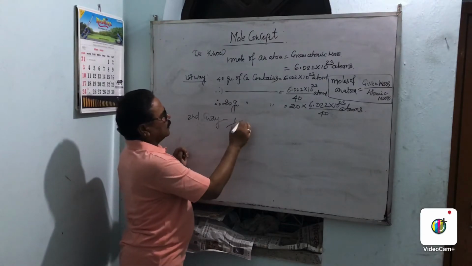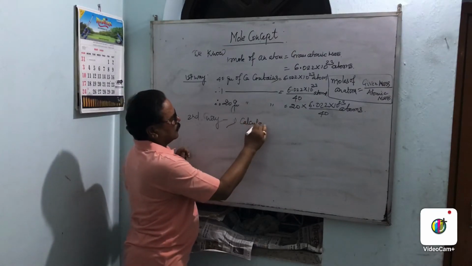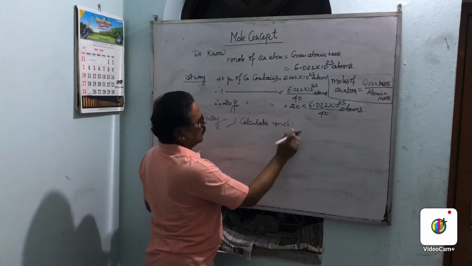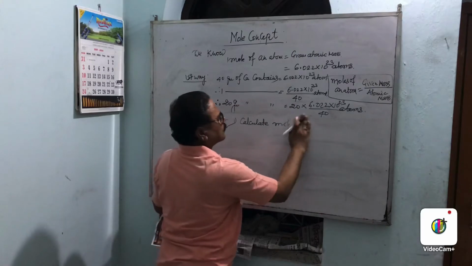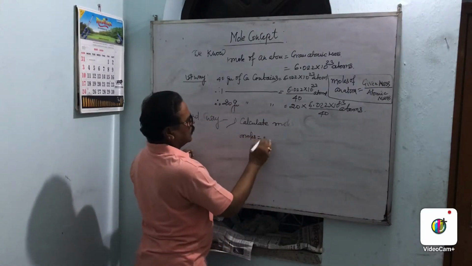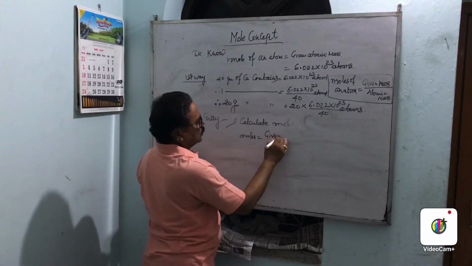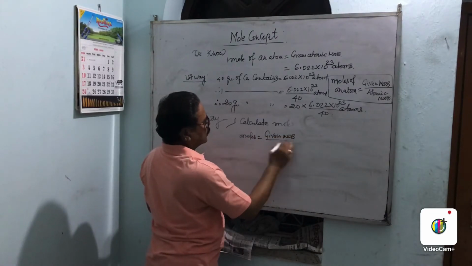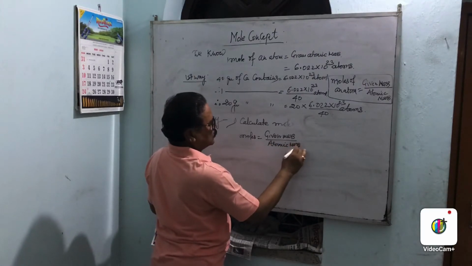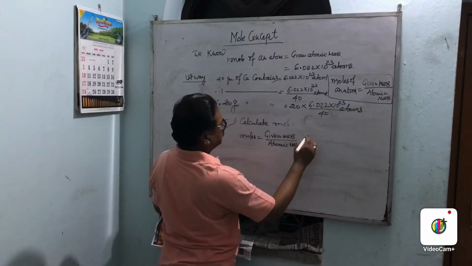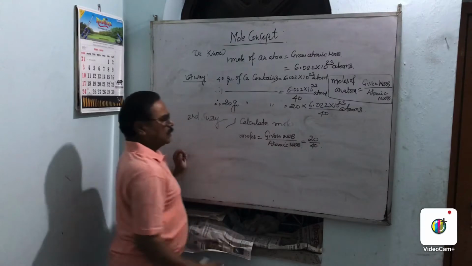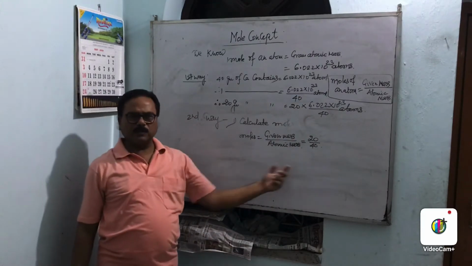First step, calculate the number of moles. So what is the moles? Moles is equal to given mass by atomic mass. We have to use the formula. So this is the easiest way. The given mass is 20 and this is 40. That many moles will be obtained from this.